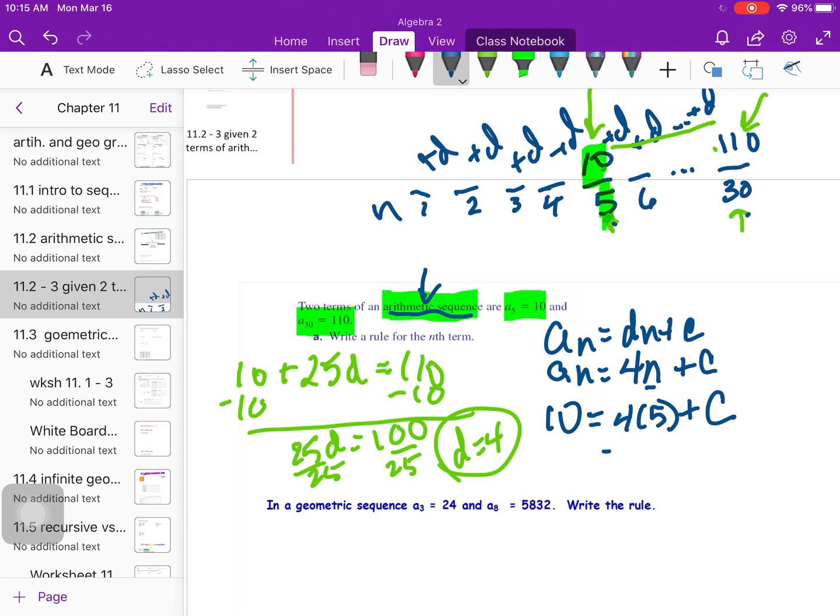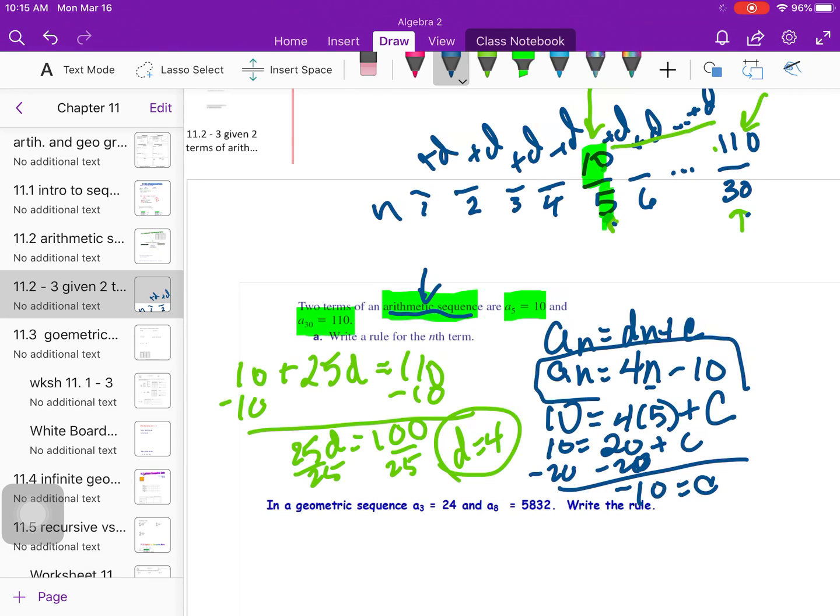If I continue to solve that, I have 10 equals 20 plus c. Subtract 20, and I get negative 10 equals c. So I can come back here and change this c to a negative 10, and I have my equation: a sub n equals 4n minus 10.